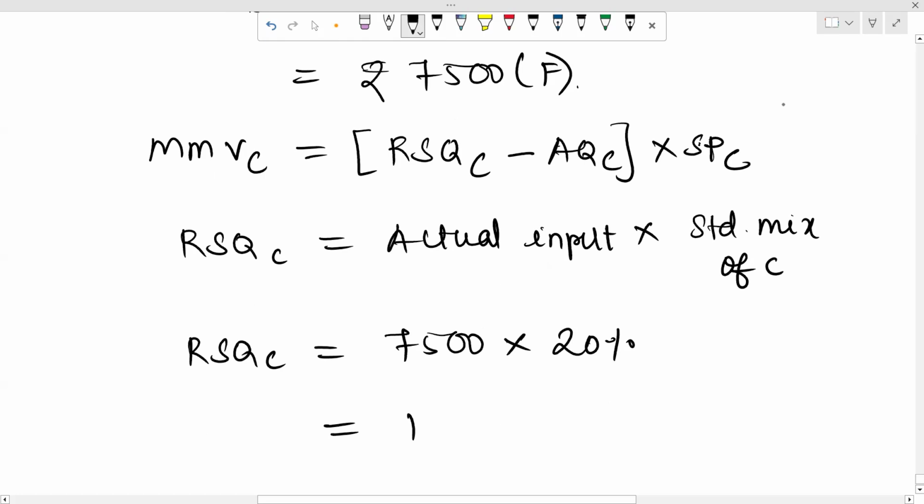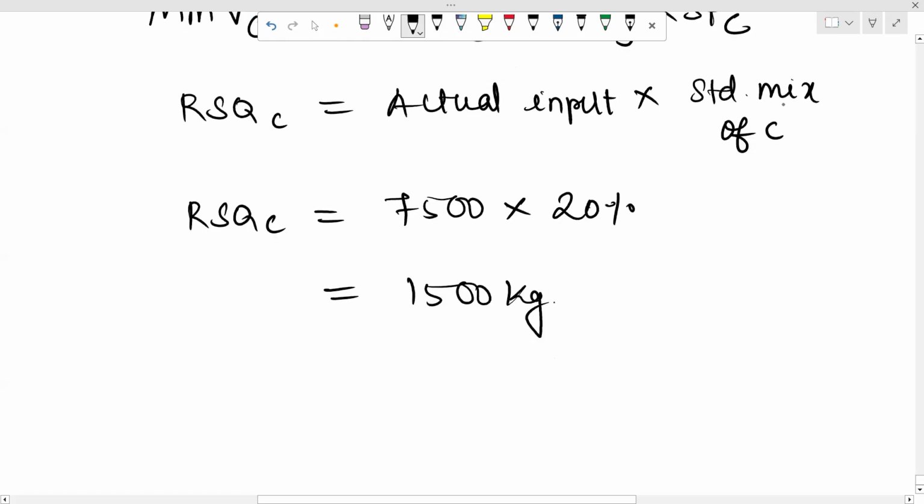So when we take 20% of 7,500 kg, we get 1,500 kg. So this is the revised standard quantity of raw material C. What is the actual quantity of raw material C consumed? That is also the same, 1,500 kg.